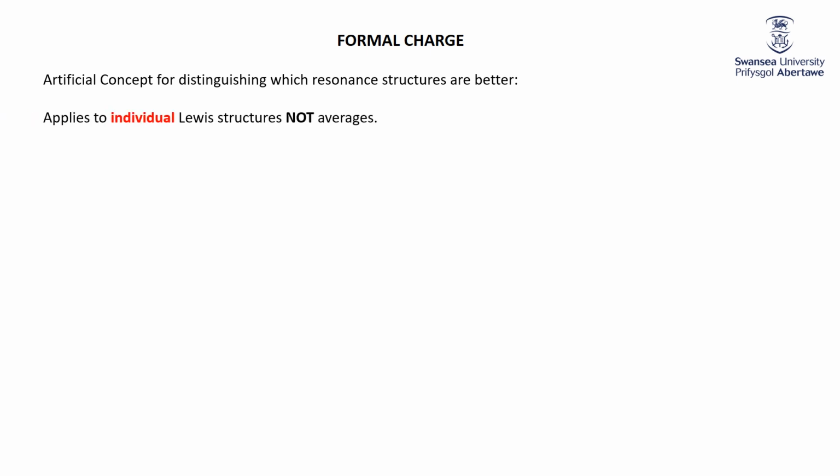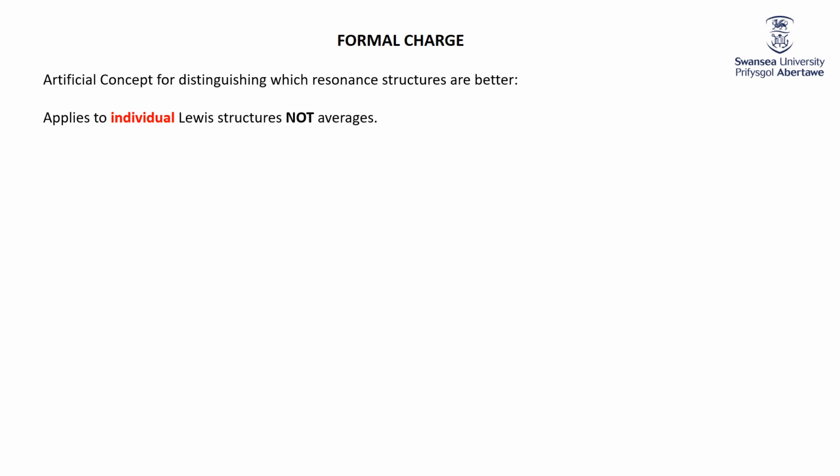Now, another concept that's very important to organic chemists, but not to anybody else, is the idea of formal charge. Formal charge is an artificial concept that helps us distinguish which resonance structures are better. So first of all, we apply it to individual Lewis structures, not the averages.